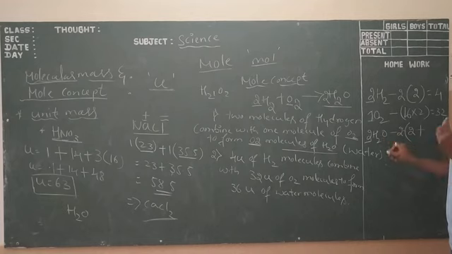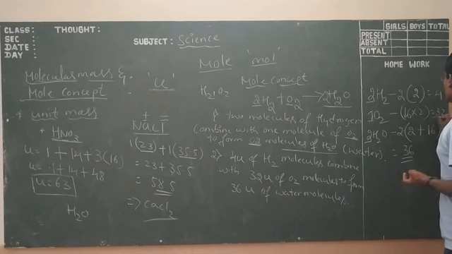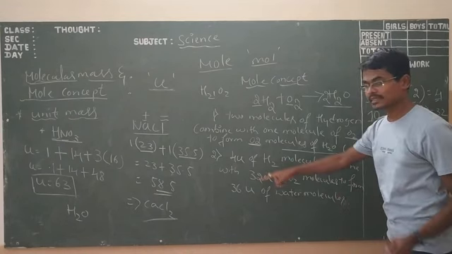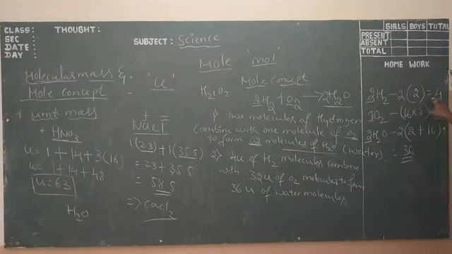Only 1 atom. Hence the atomic mass of oxygen is 16. Now 2 plus 16 gives 18. 18 into 2 gives 36. Like that they have taken this one. Now I am going to explain the second point again. How we got 4U: 2H2 is 4U, and 4U is 4 atomic mass.